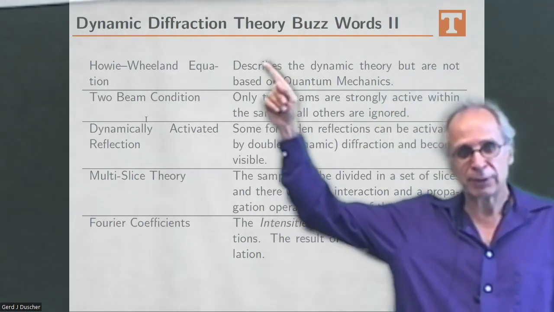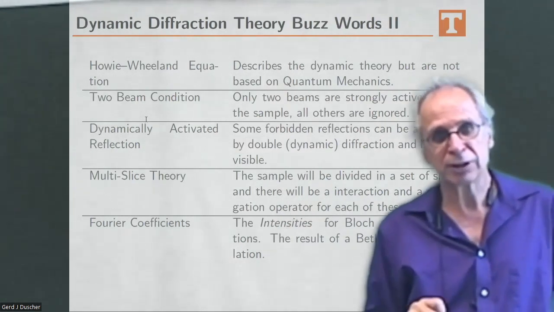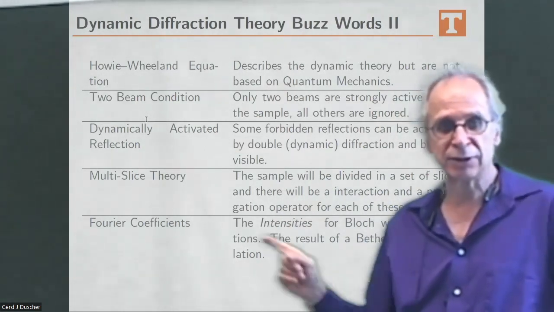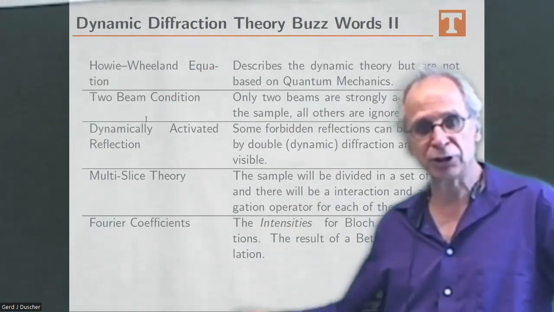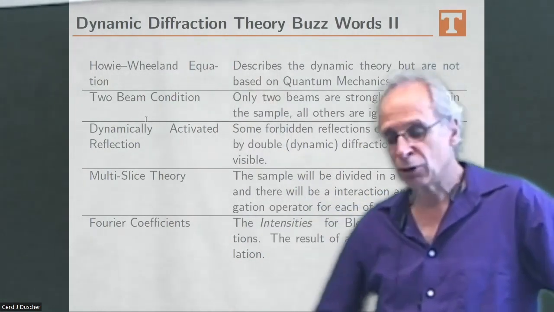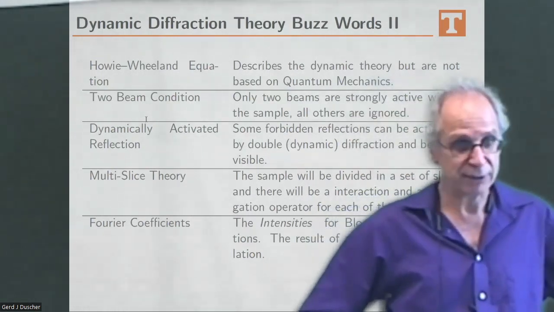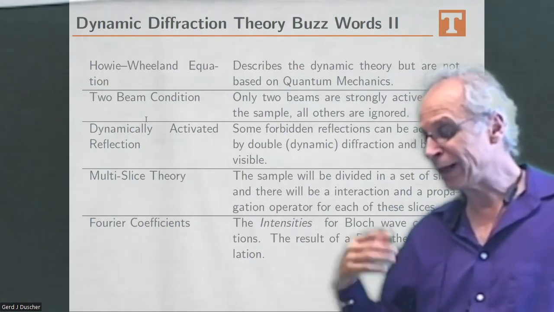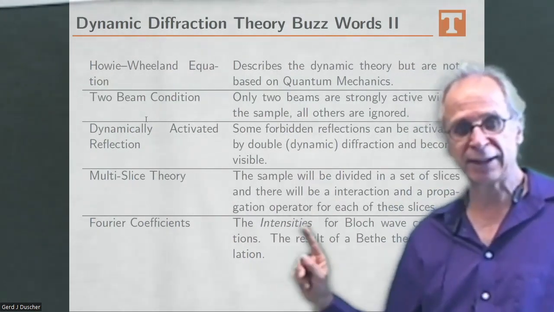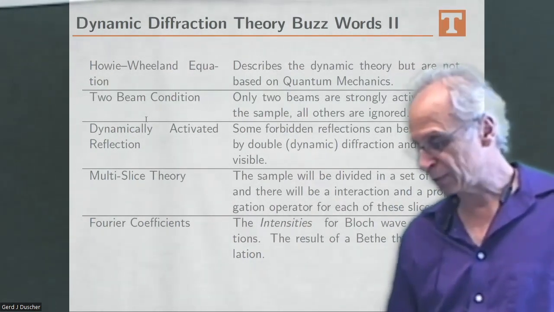We use the Howie-Whelan equations, or multi-slice theory, in the simulation. And the Fourier coefficients, or the eigenvalues of the Bethe theory, are related to that, and we get the intensities from that.